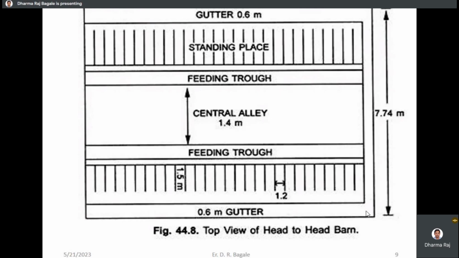And the central manger alley is about 1.4 meter only. It will be sufficient, and there is feeding trough and standing place, we call it stall, and the length of the stall is 1.5 meter, and usually the width of the stall is 1.2 meter, and the width of the gutter is 0.6 meter. This sort of design will be sufficient.